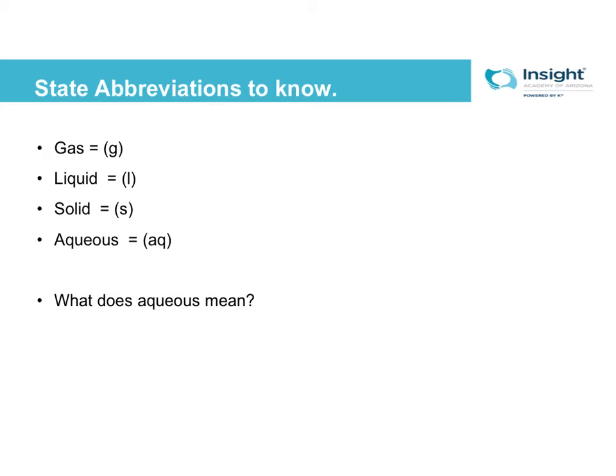Alright, so aqueous means dissolved in water. Which, especially for, say, an ionic compound, means the ions are separated, which might allow certain reactions to take place that wouldn't happen if it wasn't dissolved in water. So if you see aqueous, that just means it's dissolved in water.